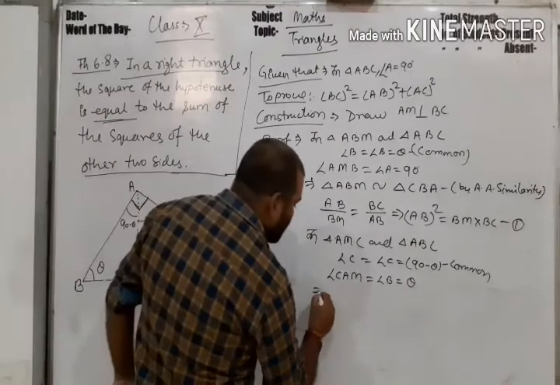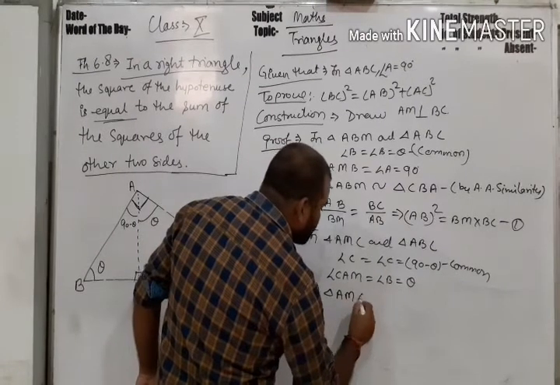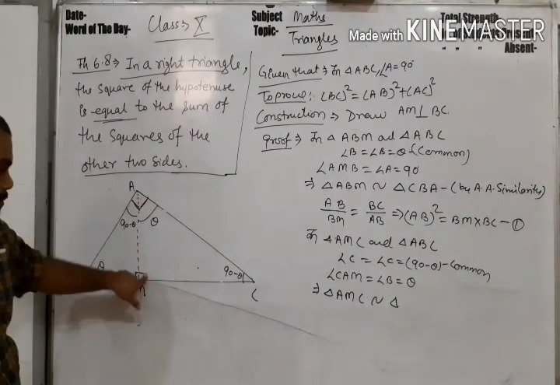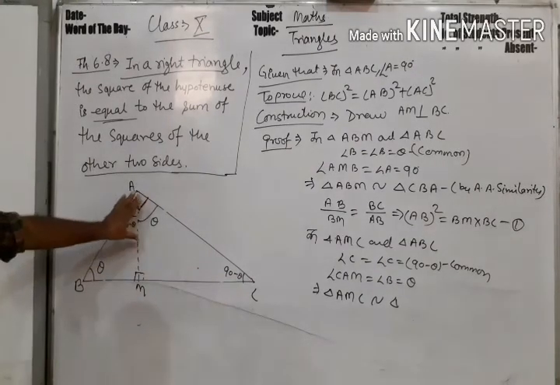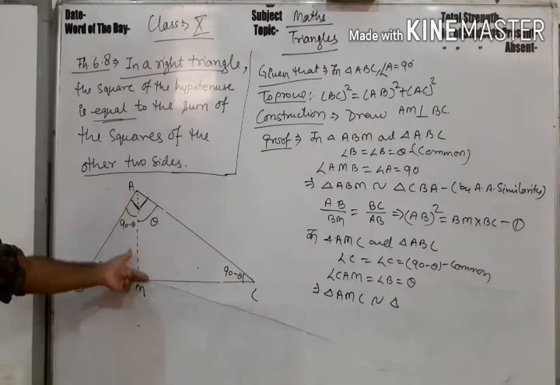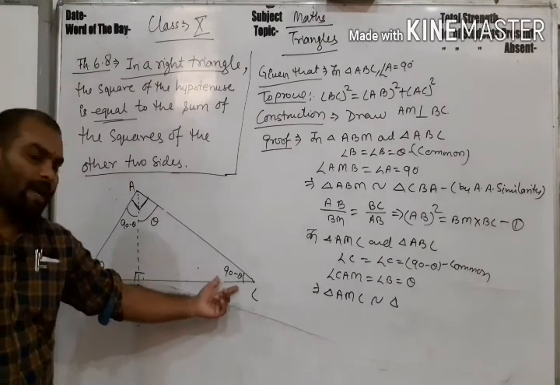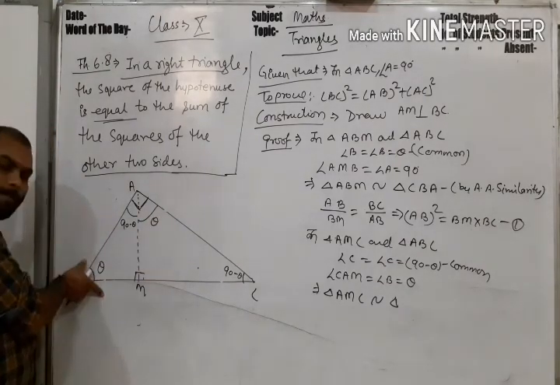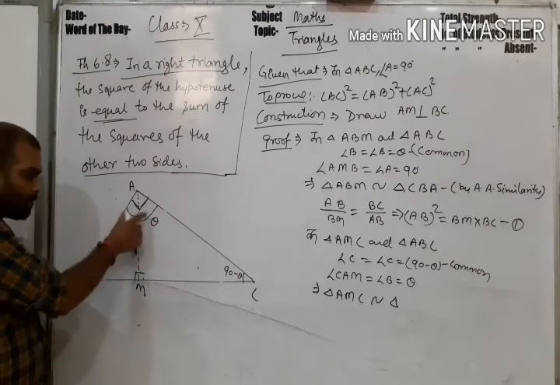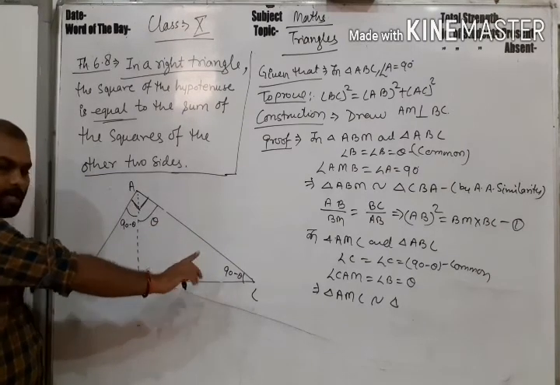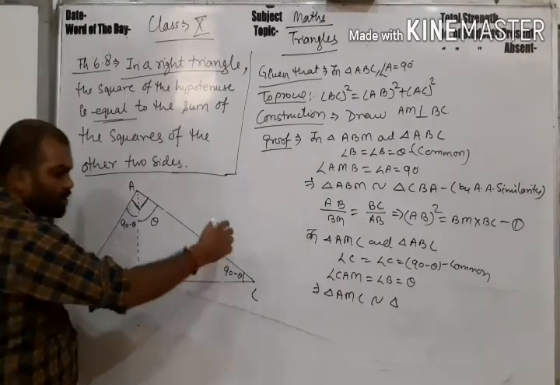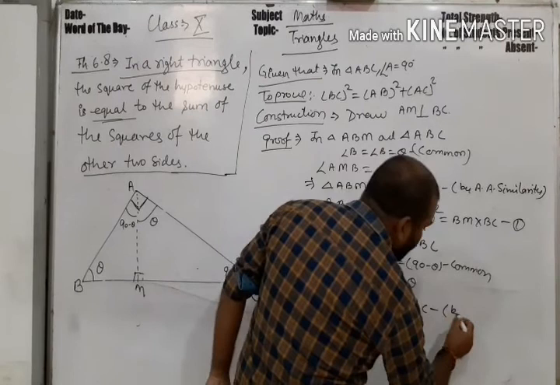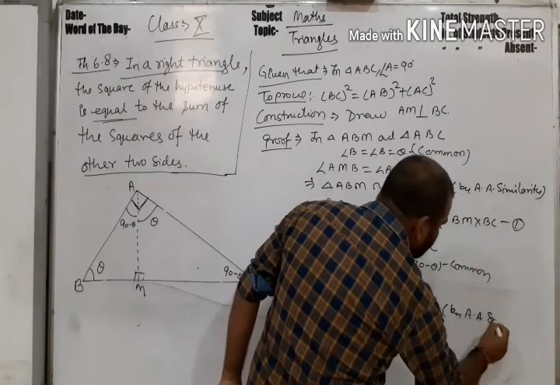So triangle AMC is again similar to the whole triangle. In triangle AMC, A means the angle theta, then M is 90 degree and then C is 90 minus theta. Corresponding to this will be B, then 90 means A, and then 90 minus theta, C: BAC, triangle BAC by angle similarity.